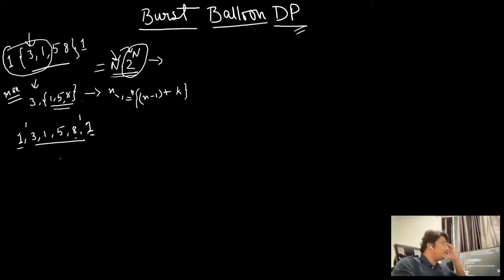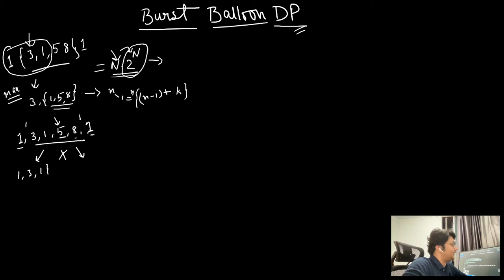Okay, now if we pick any balloon, let's say we pick 5 and burst it, what is happening to the array? If 5 is not there, let's try to delete 5. The array gets broken down into two subarrays. This is 1 3 1, which is one part of the subarray, and the other part becomes 8 and 1.